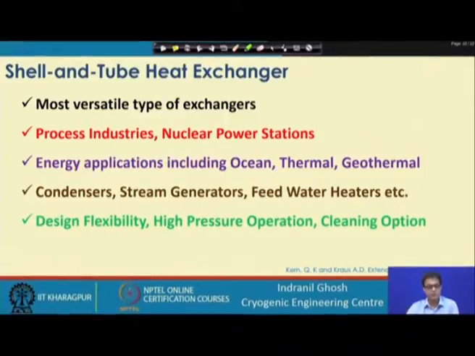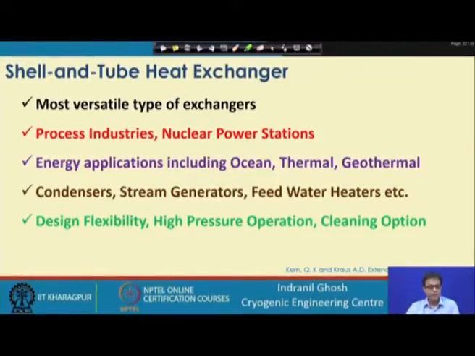That is not possible with many exchangers to clean regularly, particularly when the hydraulic diameter of the heat exchanger is very small. But in case of shell and tube heat exchangers, it gives that opportunity to clean it on a regular basis.